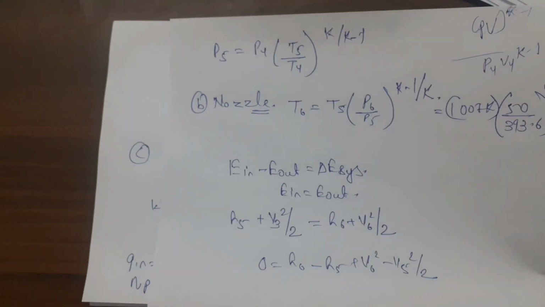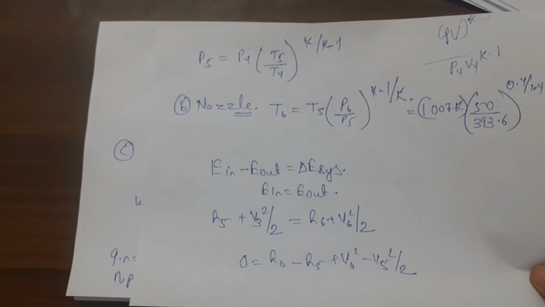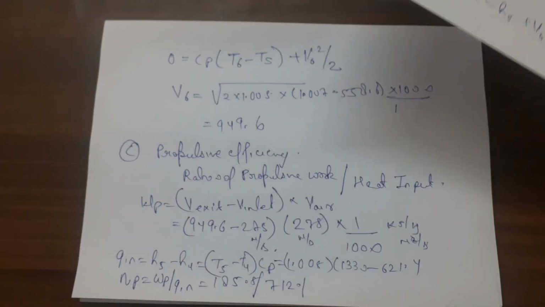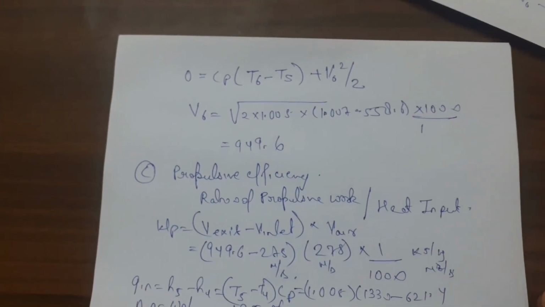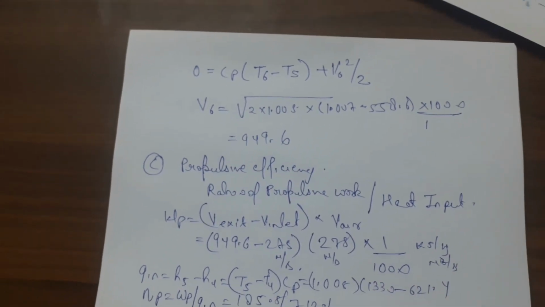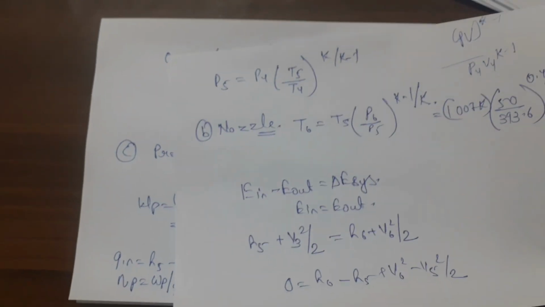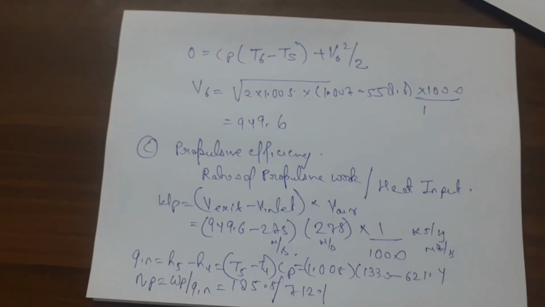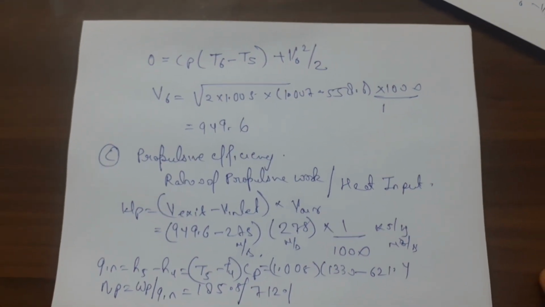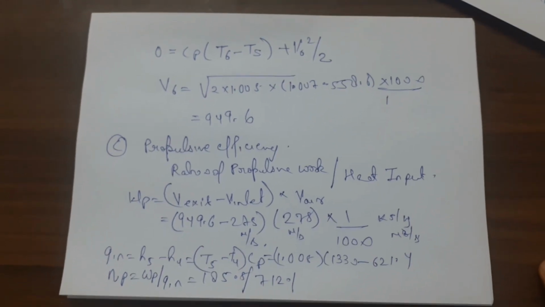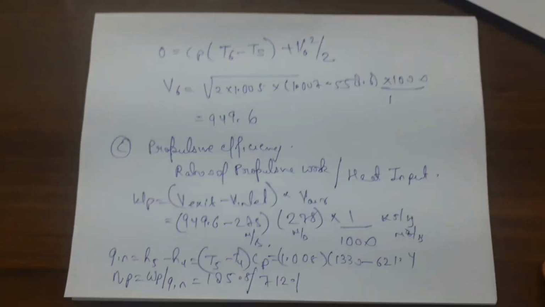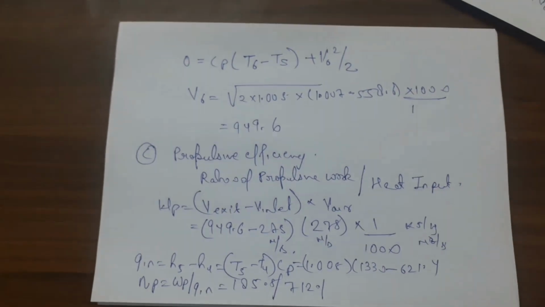It is just an energy balance, potential plus kinetic energy initial is equal to potential plus kinetic energy final. The values were given in the question, and we replaced H6 minus H5 with Cp(T6 minus T5). We can easily get the value of V6, because T6 and T5 we have already found from the values given in the question.